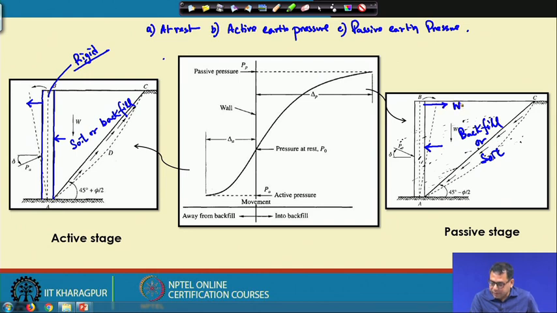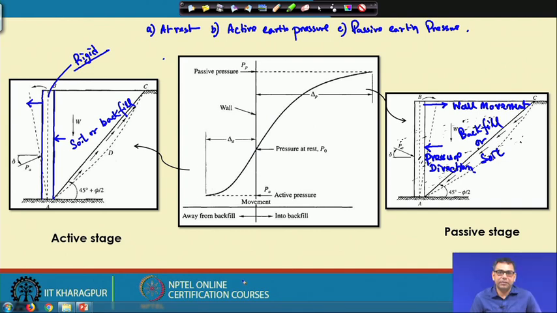This is the wall movement direction, and this is the pressure direction. So, if your wall moves opposite to the direction of the force, then it is called the passive earth pressure. So, there are three types of earth pressure.